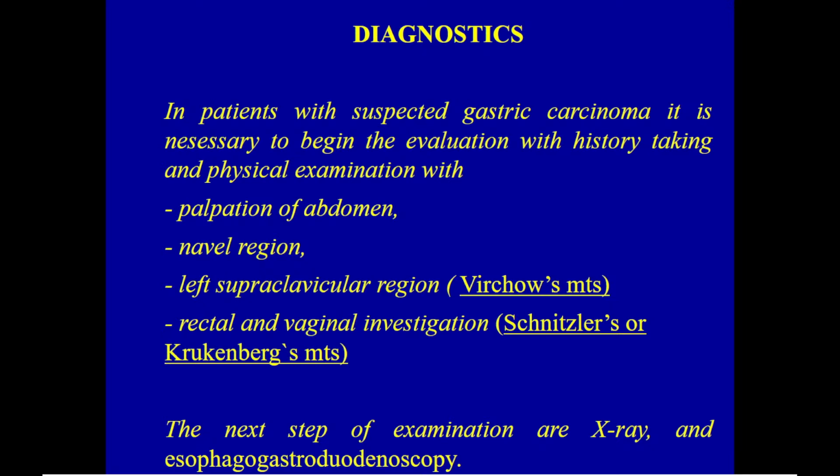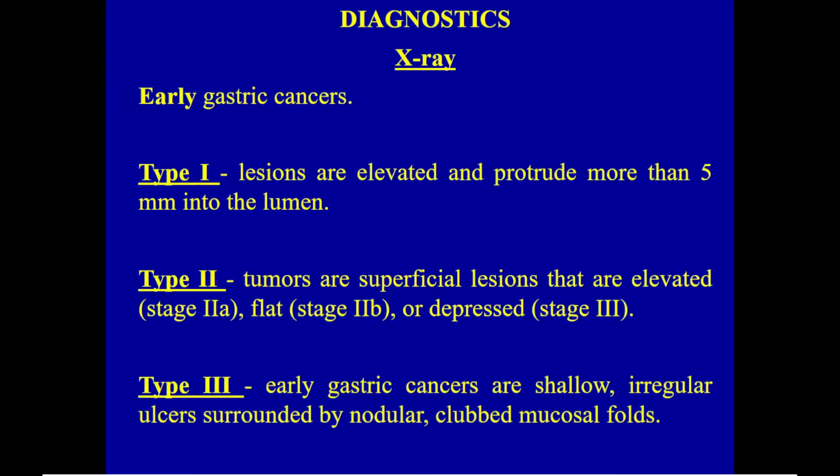The next step of examination are X-ray and esophagogastroduodenoscopy. Early gastric cancer in X-ray: the type 1 lesions are elevated and protrude more than 5 millimeters into the lumen.